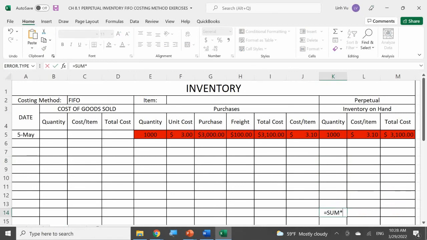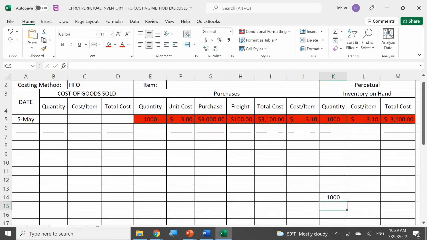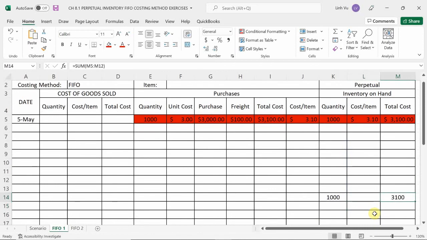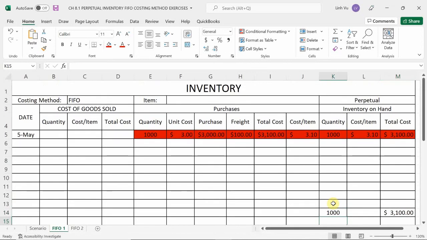So when I make other purchases of inventory, I know exactly how much I have overall in grand total. In this case, I have 1,000 units at a total of $3,100. That's my current total inventory right now.